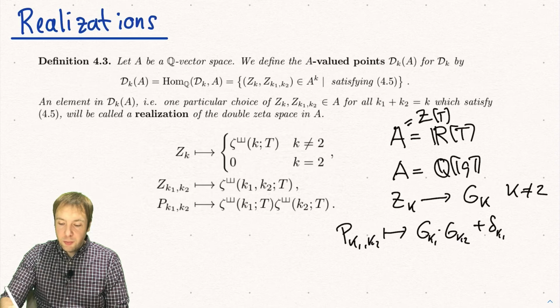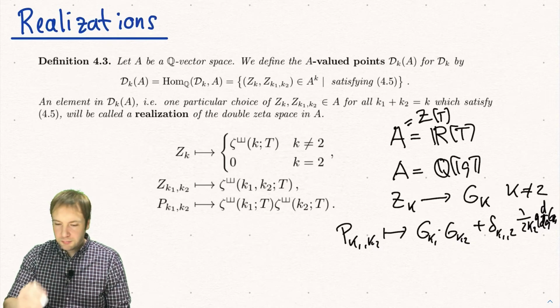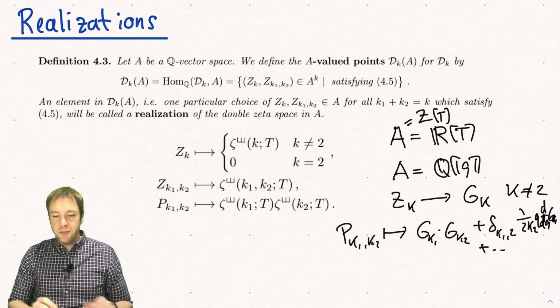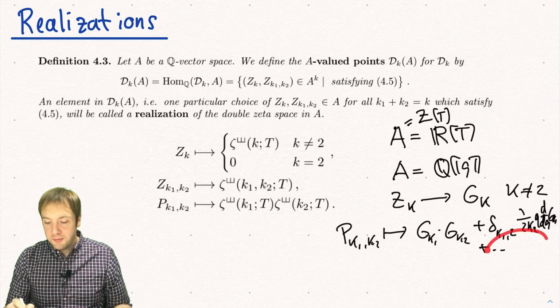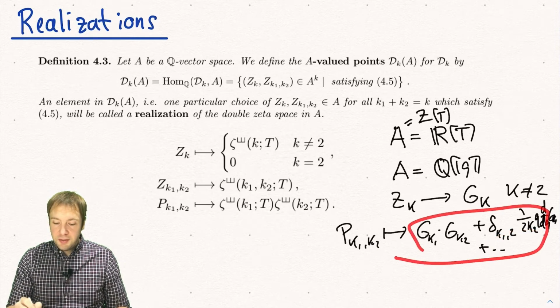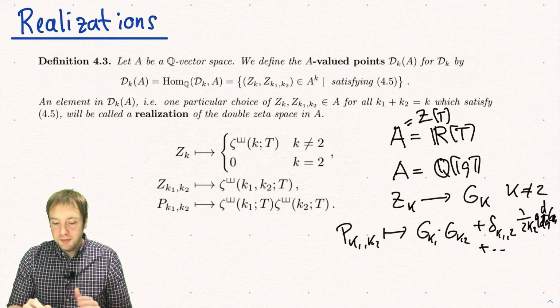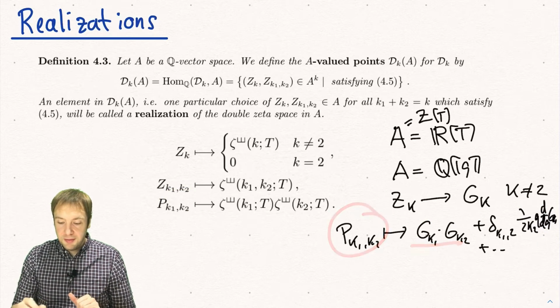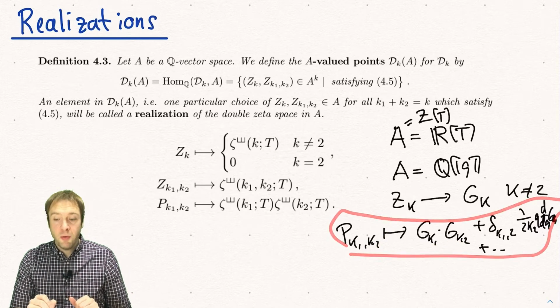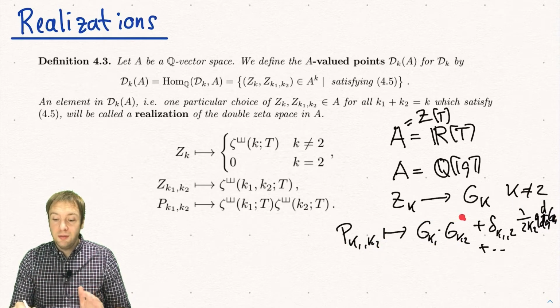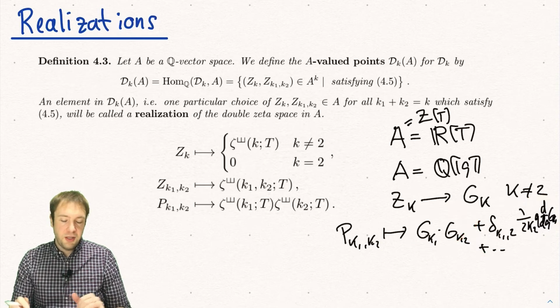If, for example, k1 is 2, then we will have some 1/2 k2 and then some derivative of some Eisenstein series gk2 here. And also when k2 is 2, you will have some derivative here. So this shows that this pk is basically the product, but we shouldn't force this to be really the product of these z's, because in the application we want to do later, this is actually not a product. It's almost a product, but we have some correction terms here.